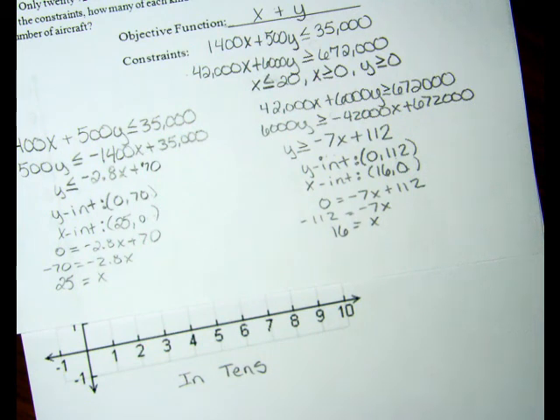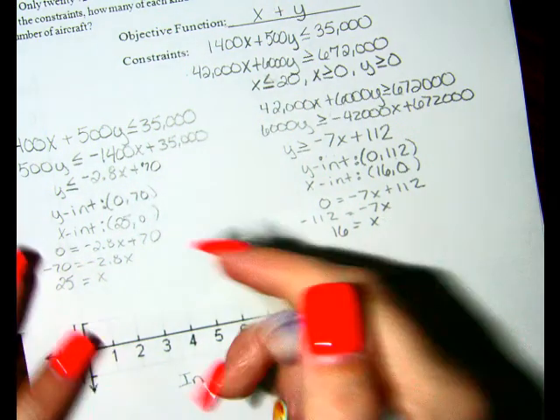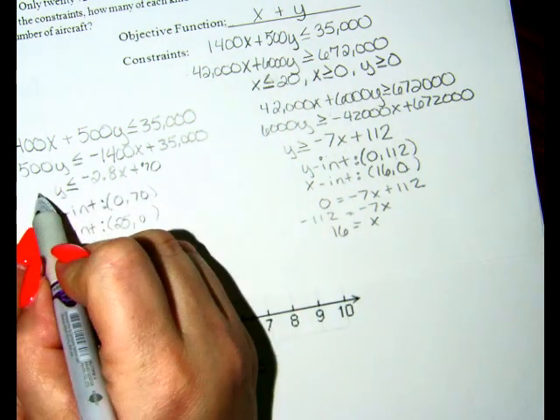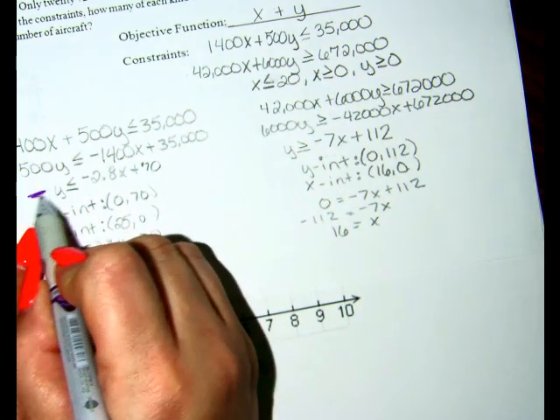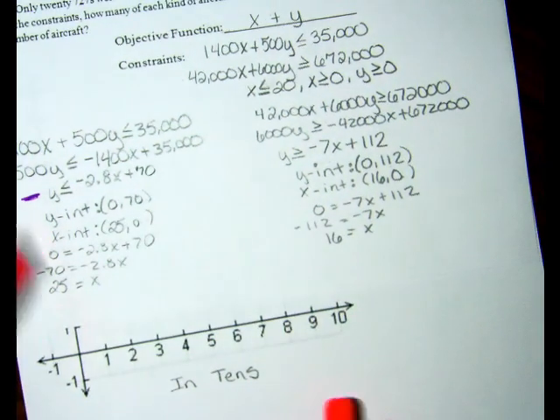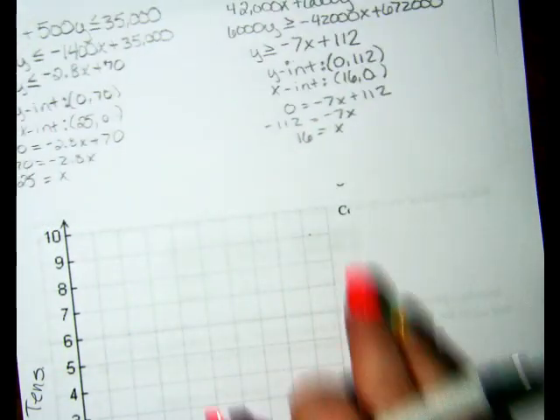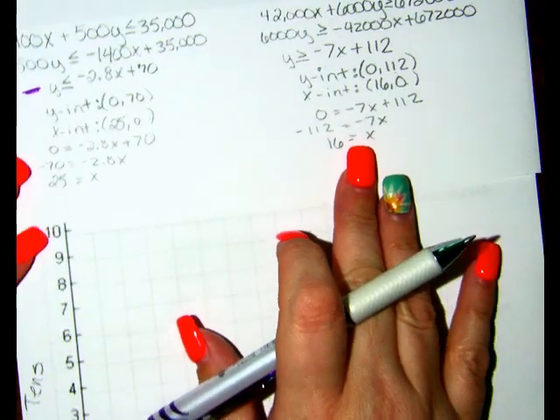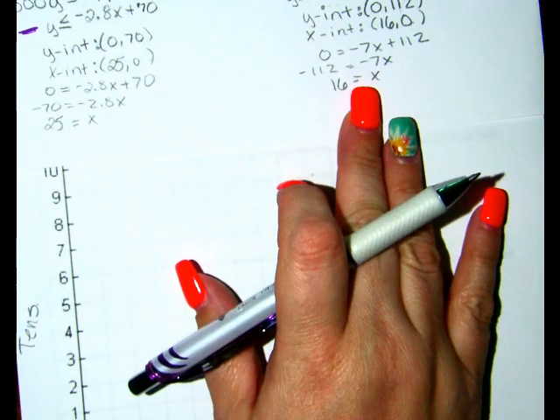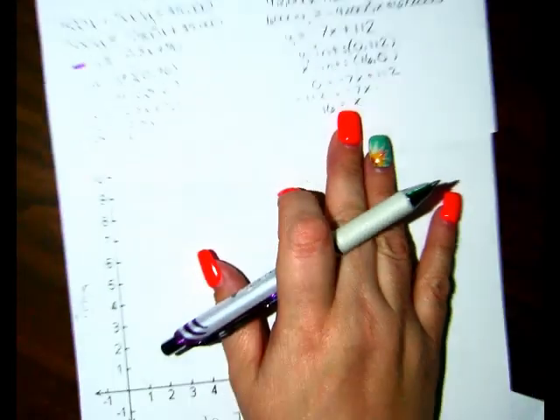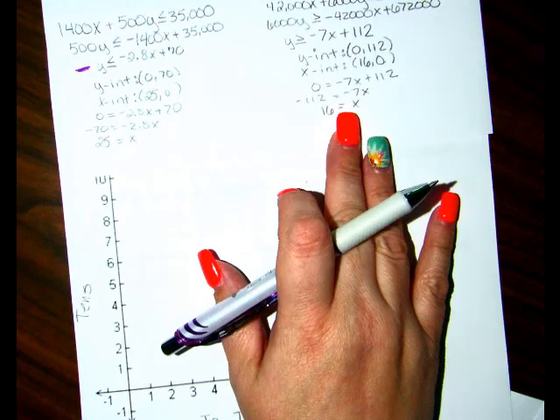I'm going to use different colors when I graph these today. So I am going to make my first constraint, that equation, my purple line. Okay? So now I'm going to go to my graph. Hold on, let me zoom out a little bit so you can see this.